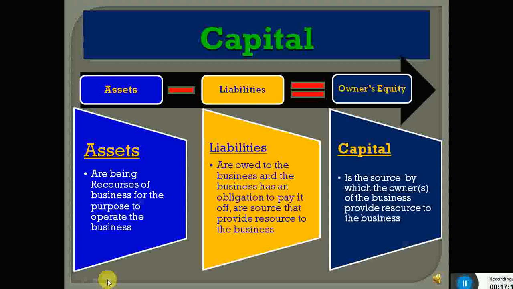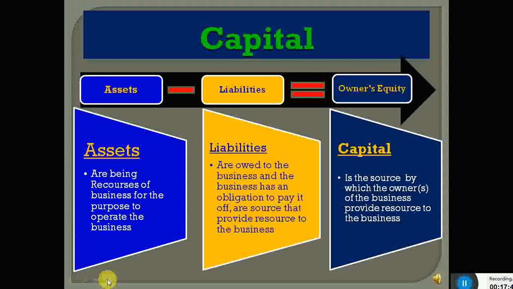Once again, I will repeat here, liabilities are owed by the business and the business has an obligation to pay them off. Liabilities are a source that provides resources to the business, but these resources ought to be paid off. This is the obligation of the business.